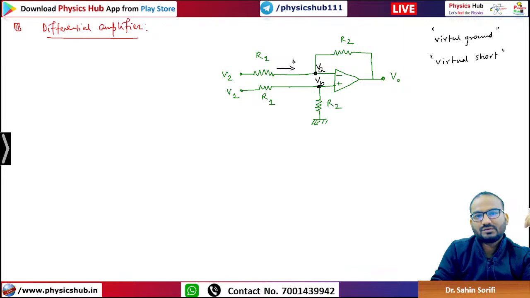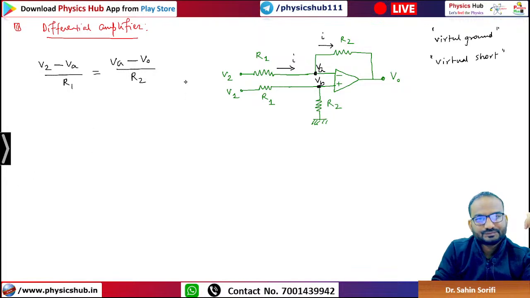Whatever current flows, the same current will be flowing through this feedback resistor. So again we can write V2 minus VA by R1 is equal to VA minus V0 divided by R2. Let's say this is equation number 1.